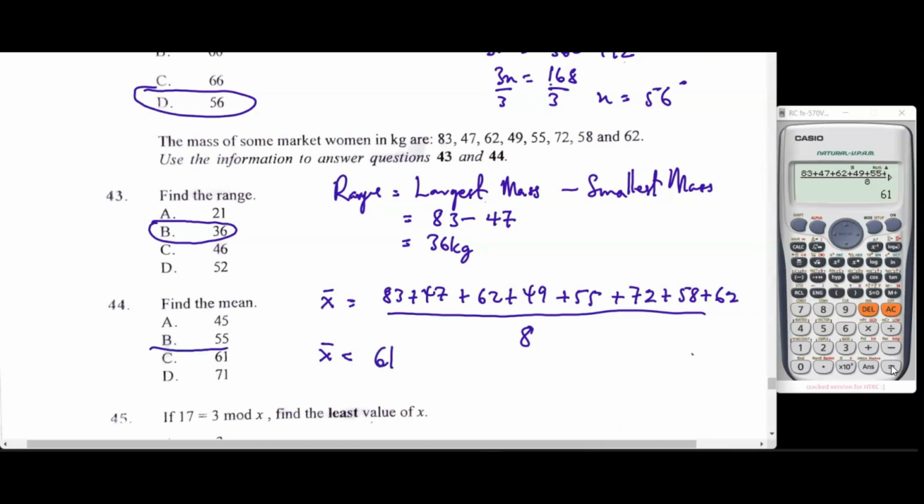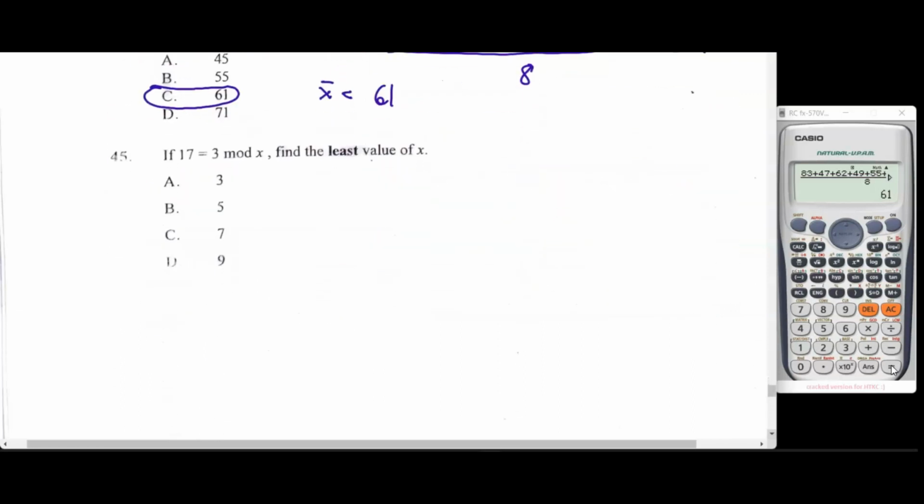So the mean mass is 61 kg. Good. We are almost there.